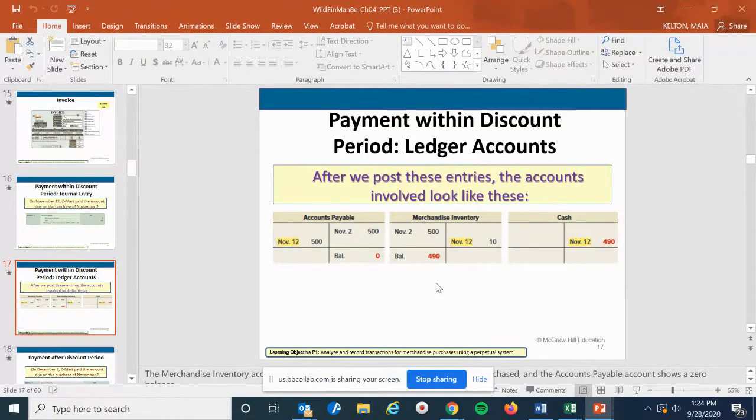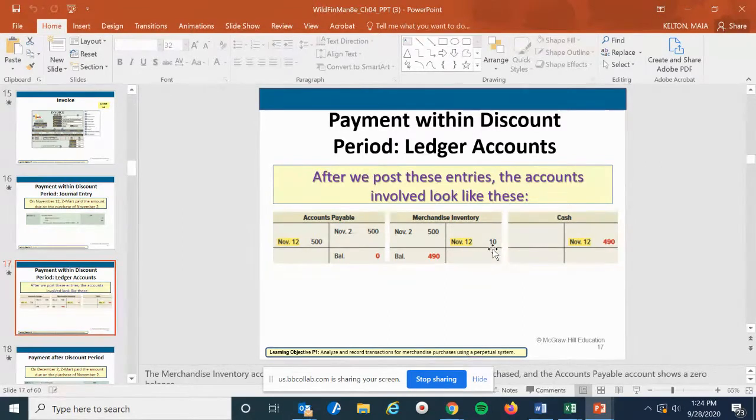So whenever the merchandiser takes advantage of the discount of $10, you can see how, look at accounts payable first. If they satisfy the obligation to their supplier, then obviously they would owe their supplier $0. Now look at how we balance out the journal entry. The discount, which we call cash discount, is a credit to merchandise inventory.